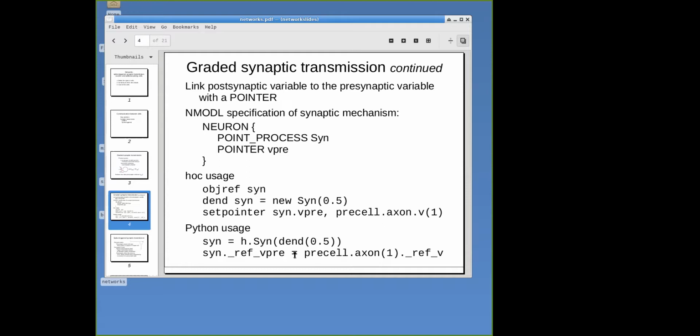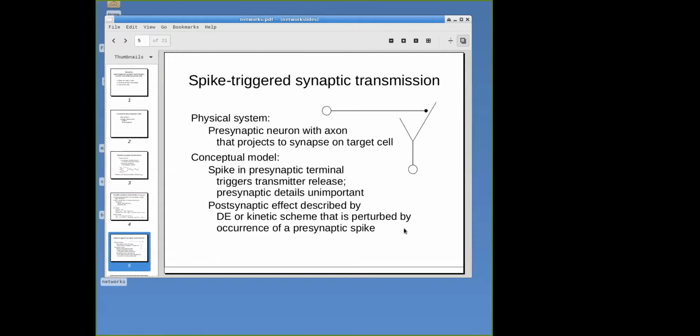Very simple syntax, very easy. The thing that needs the pointer gets the pointer by a simple assignment statement. I have to tell you, this is not officially documented in the programmer's reference yet. We need to revise that. It will appear there soon. Okay, fine. So much for graded synaptic transmission.